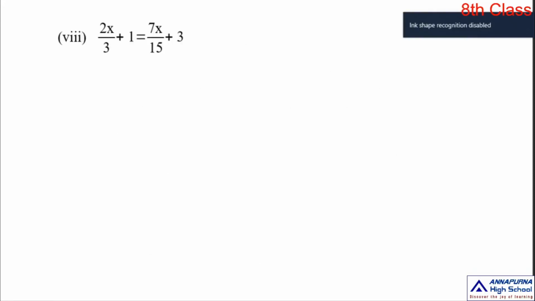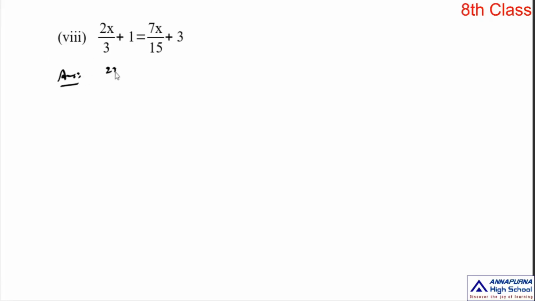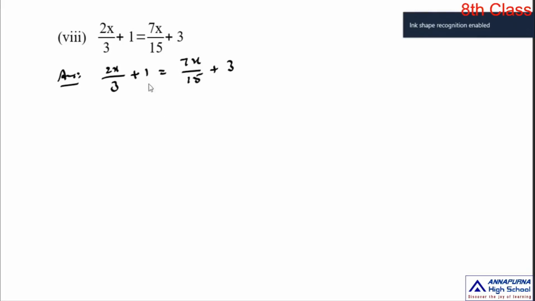Next equation is 2x by 3 plus 1 is equal to 7x by 15 plus 3. First write down the given equation: 2x by 3 plus 1 is equal to 7x by 15 plus 3. Okay, so there are no simplifications on the left side and right side.